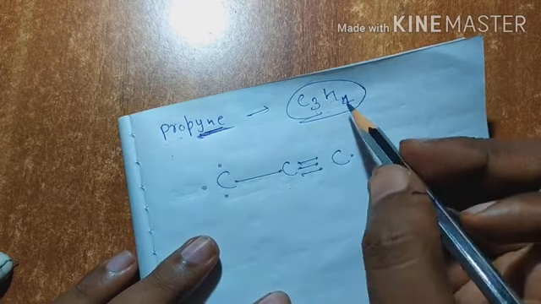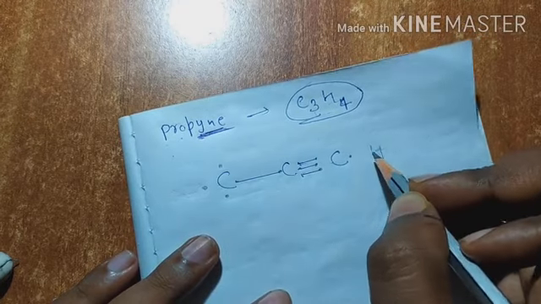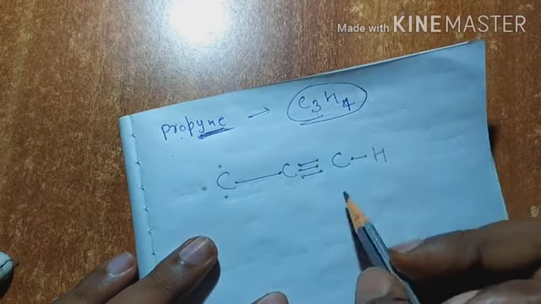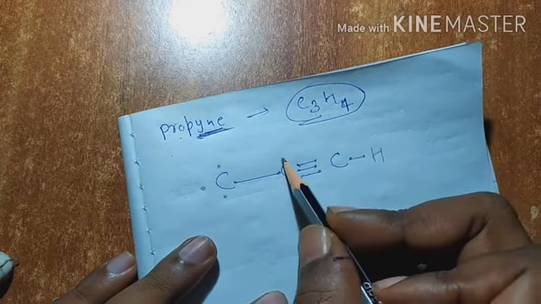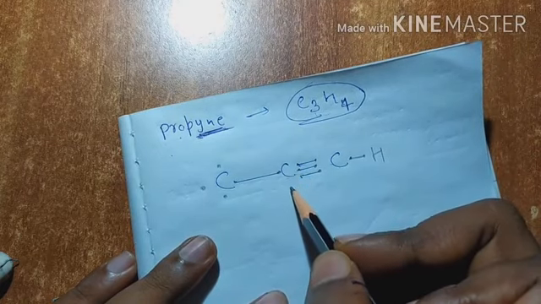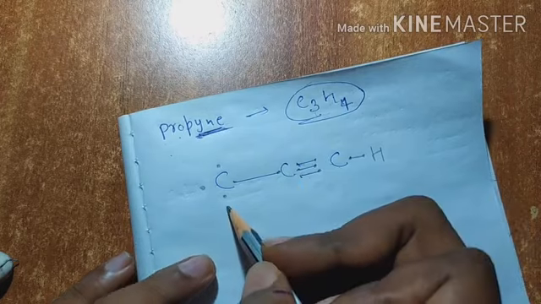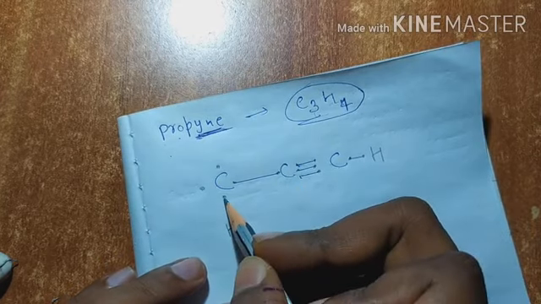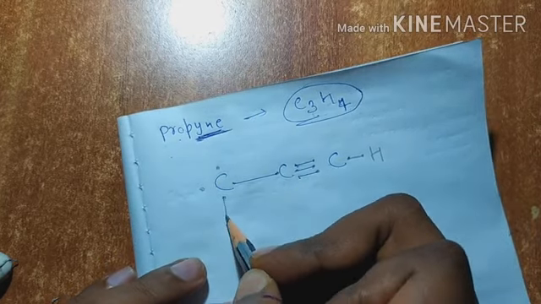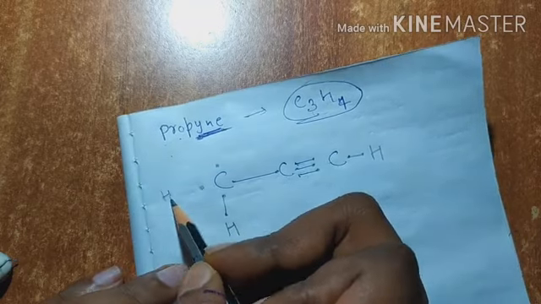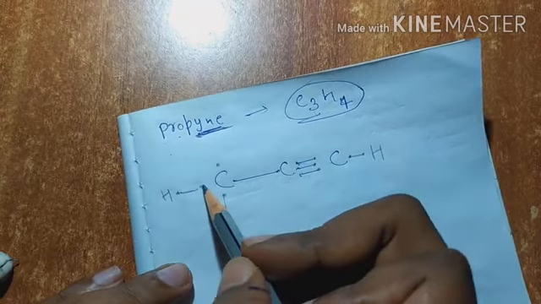For this one, 1 is here, 2, 3, 4, right? So 4 hydrogens are here, so you can put hydrogen here. This is a single bond. There are no electrons left here, so you can't put any hydrogen atom here. Here are electrons, single bond. Here is hydrogen, single bond.